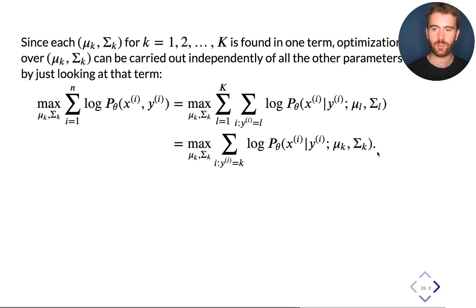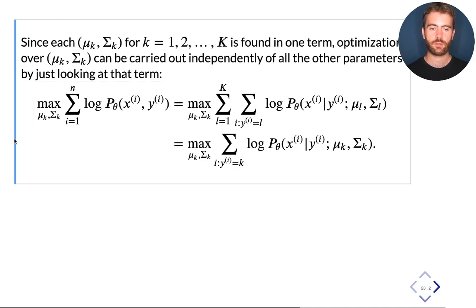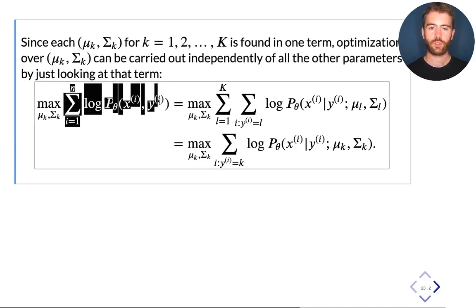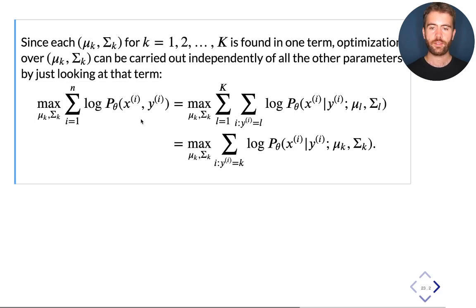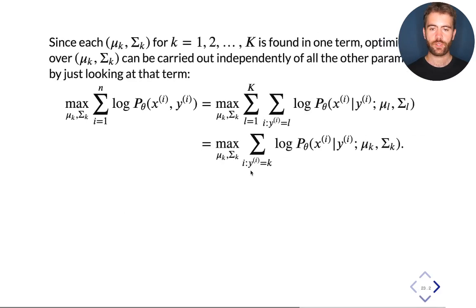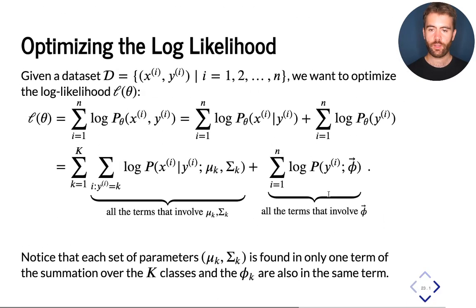Let me write this down a little more formally and mathematically, so you can see what I'm referring to. Let's say that we want to optimize our log likelihood over the parameters mu_k and sigma_k for some specific value of k. This is our full log likelihood, and instead of optimizing over everything, I can right away ignore this term because it does not involve mu_k and sigma_k.